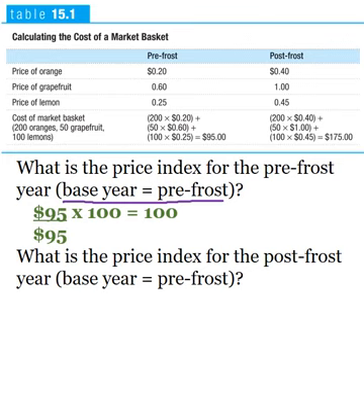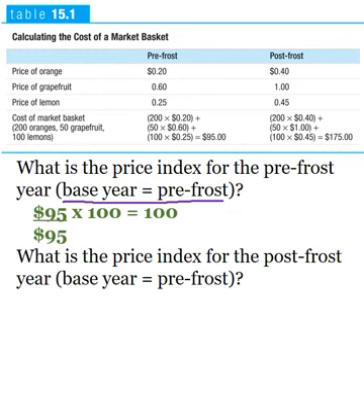Well, any number divided by itself is always going to be 1. And so 1 times 100 will get you 100. That means that anytime it's the base year, it's going to be a price index of 100. So you don't actually have to do the math at all. That's a nice trick to help us out.